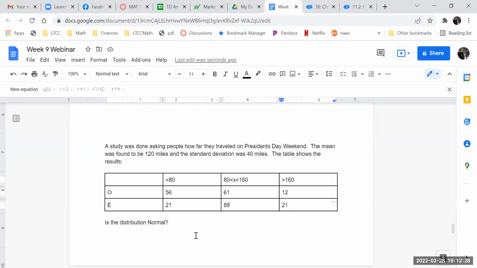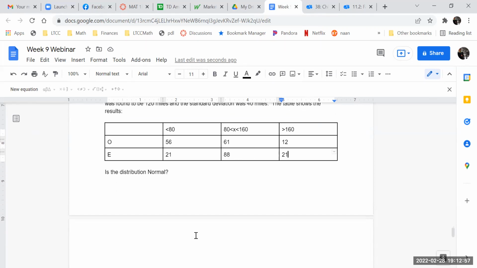So what's the next step? We have to decide what test we're using. Yeah, this is goodness of fit because we have one group where we don't know the distribution, and we're comparing it with the known distribution, which is normal.